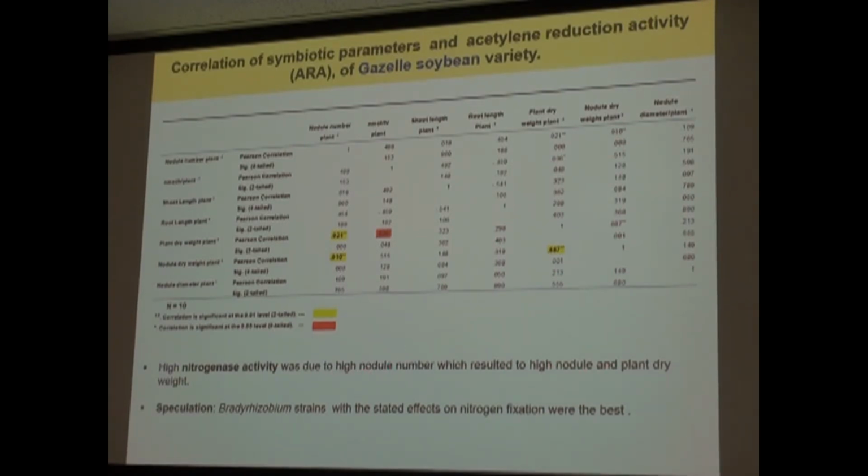The second step was to identify each individual rhizobia strain which has this characteristic. My speculation was that rhizobia strains with the stated effect on nitrogen fixation were the best for this variety.